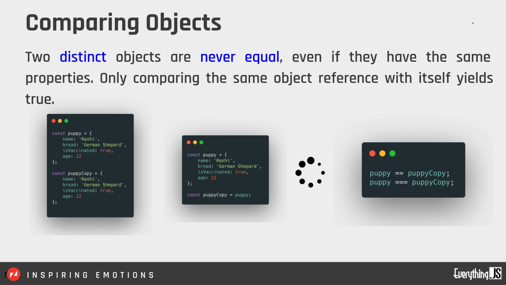Now you can see there are two code snippets. When you execute the third snippet for the first one and the second one, we want you to guess the answer. What do you think the answer would be for the first snippet? True.